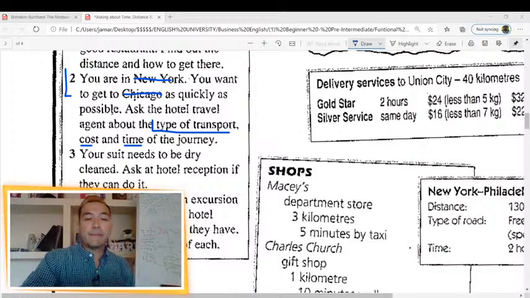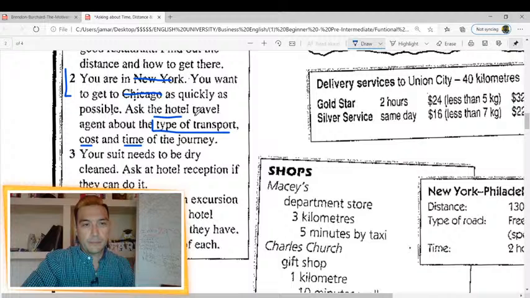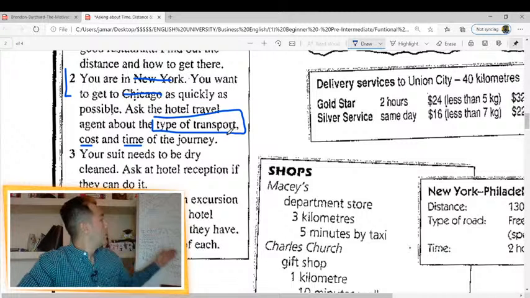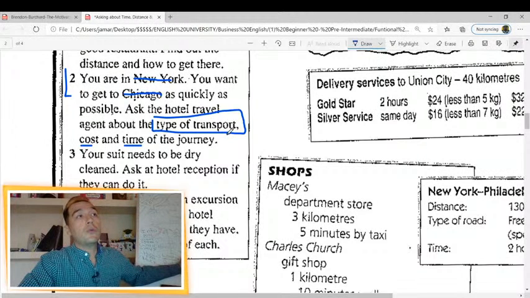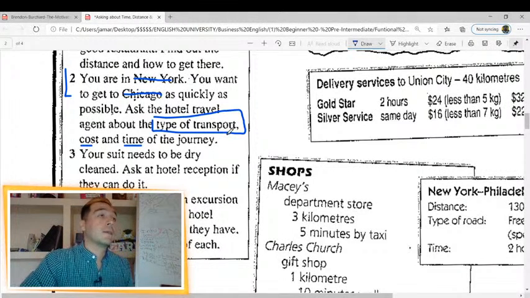Next, auxiliar. Do, okay. What type of transport do? Next, we need the subject. No, the subject, the person.